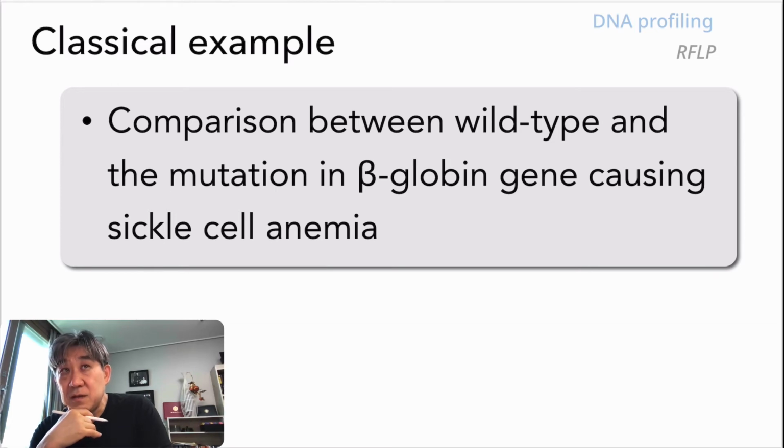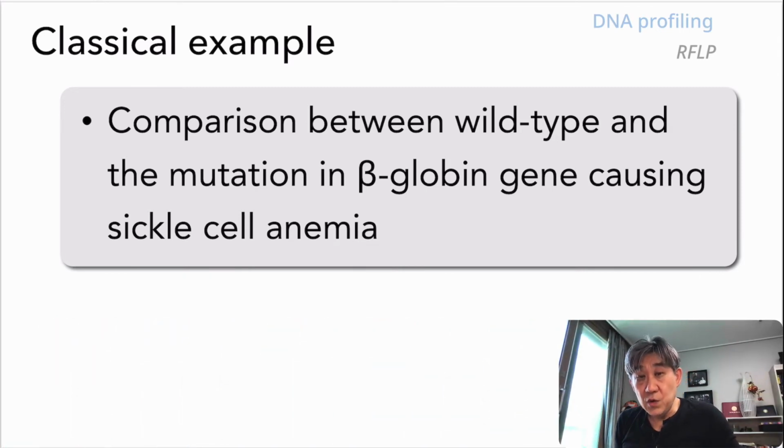This is the classical example from which the concept of RFLP arose for the first time. In hemoglobin, the important protein carrying the oxygen in our blood, which is only present in red blood cells, the hemoglobin actually consists of two different types of protein.